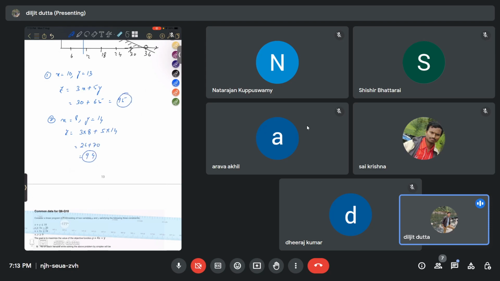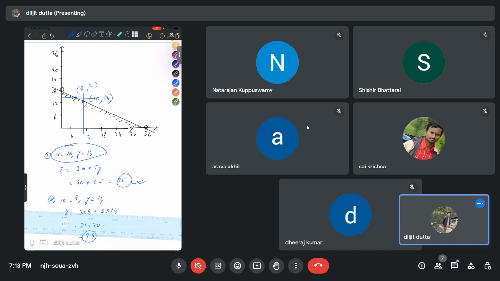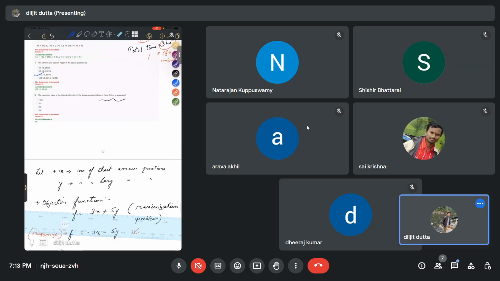So the maximum value of z is 95. The feasible solution is x equal to 10 and y equal to 13. Okay, I'll show this in Excel. Just a minute, I will open my Excel.